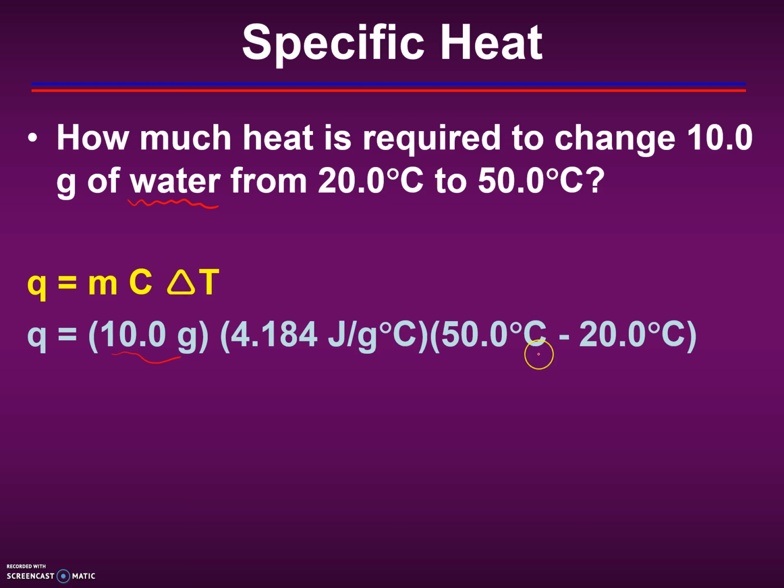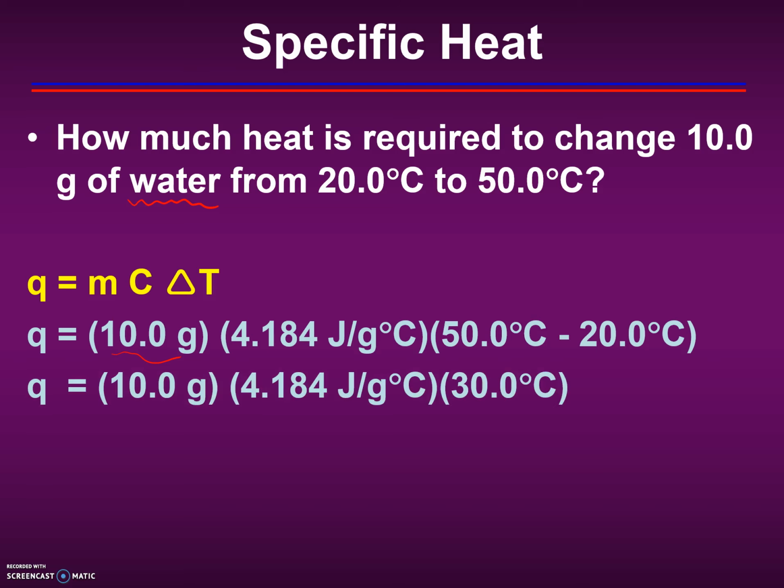And then my change in temperature is 50 minus 20. I always make my changes in temperature positive. We're going to learn about putting signs on heat to make it negative or positive, and I just do that at the end. To me, that makes the most sense. So 10, 4.184, and then 50 minus 20 is 30.